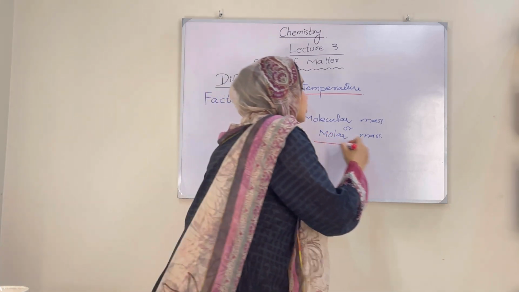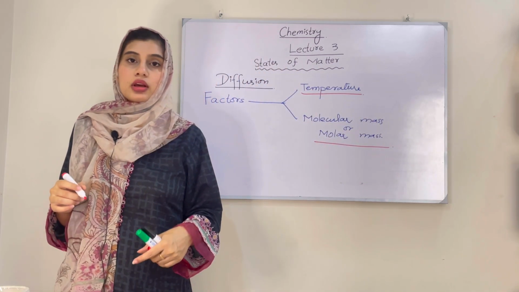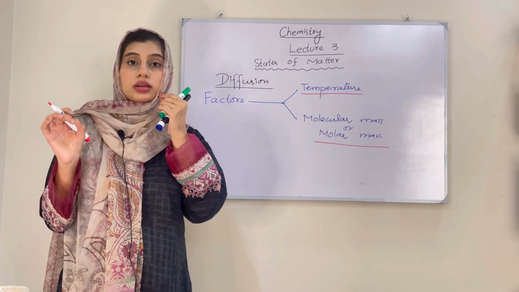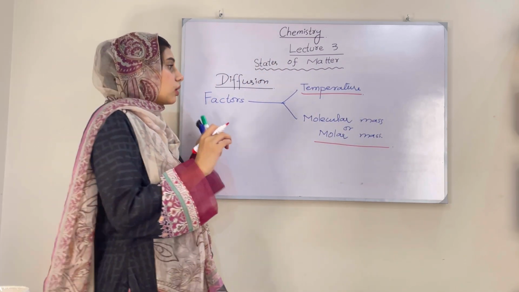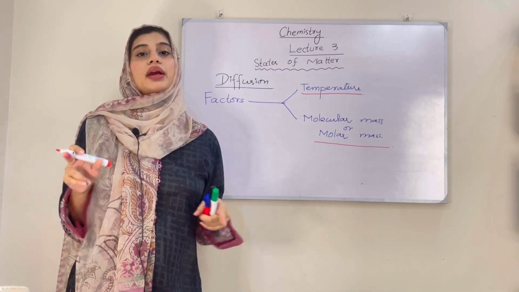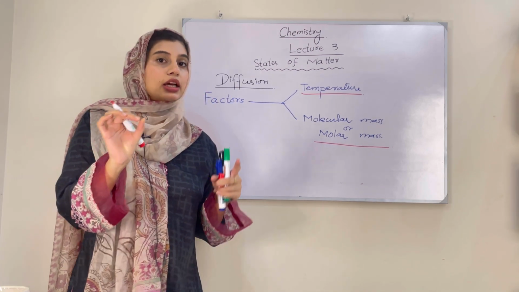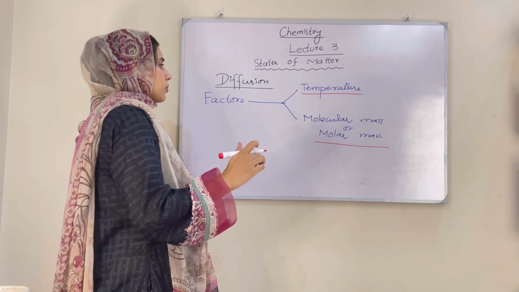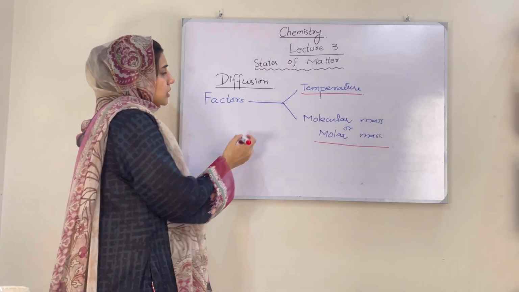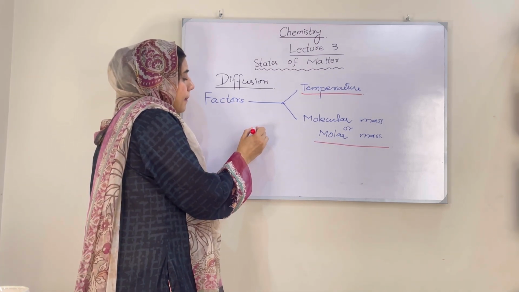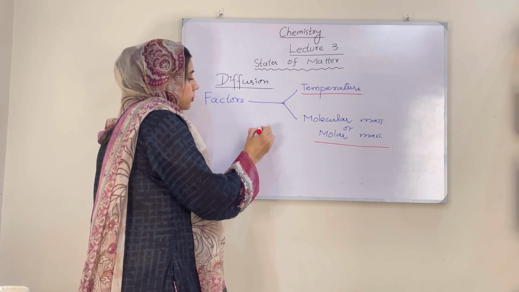Second thing is molar mass. First of all, we must know what a molar mass is. You will be provided with the periodic table in your paper. So if you have a periodic table, you will see, for example, chlorine.